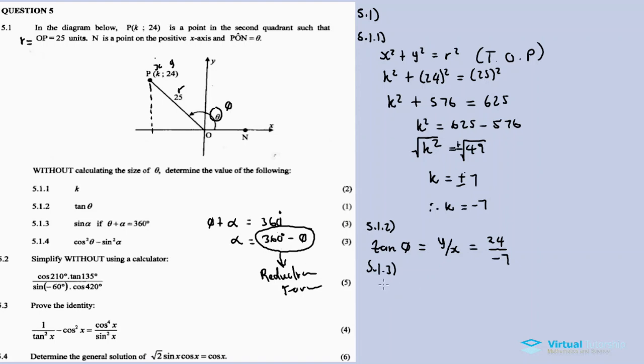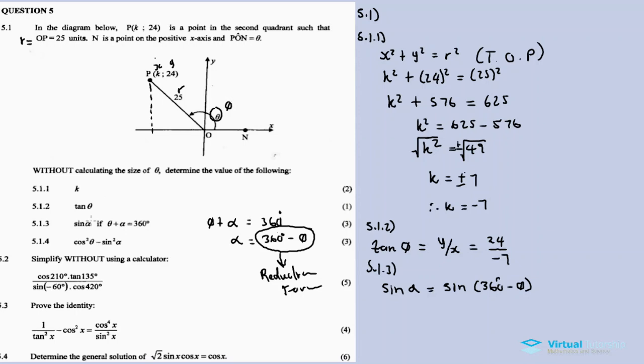Let's go back to 5.1.3. It's sine alpha, which is the same as saying sine of 360 degrees minus theta. I cannot calculate sine alpha, since my sketch is measured in terms of theta.